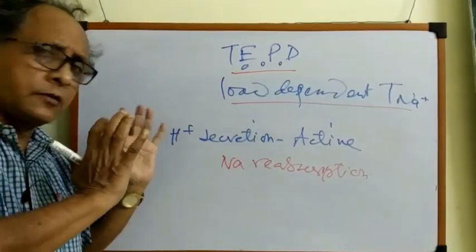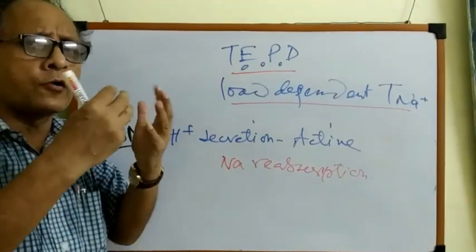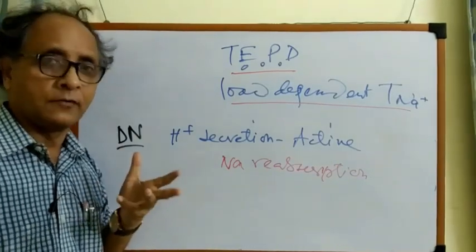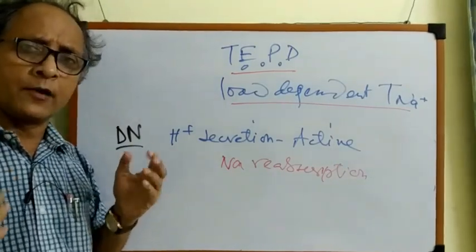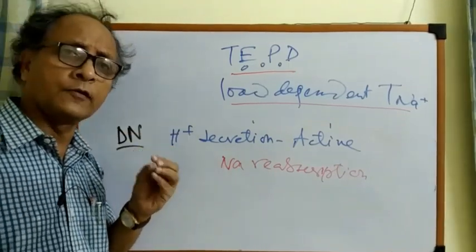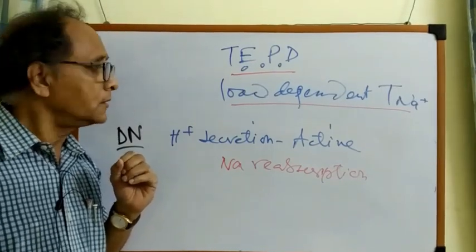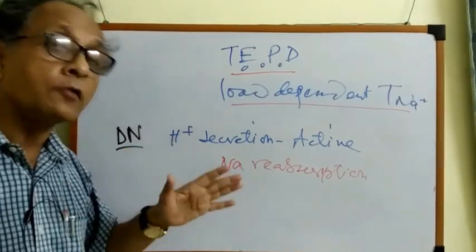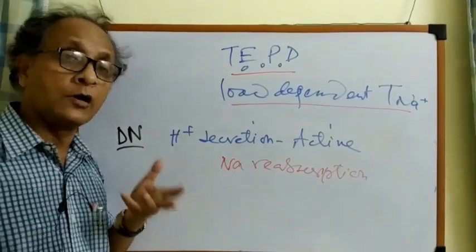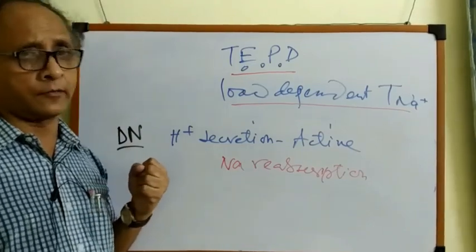So, remember this: in a situation where more and more sodium load is delivered to the distal nephron, the hydrogen ion secretion will be more and more, and that will definitely affect the body's acid-base homeostasis, or the body's acid-base balance.